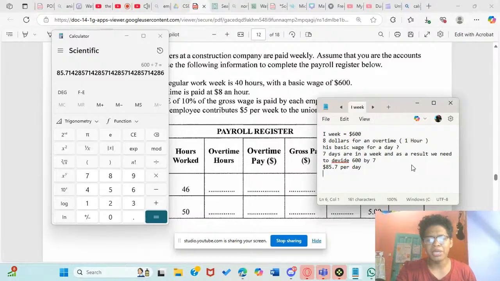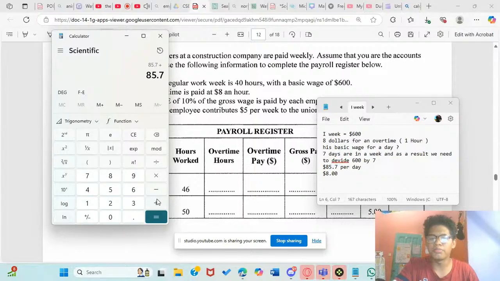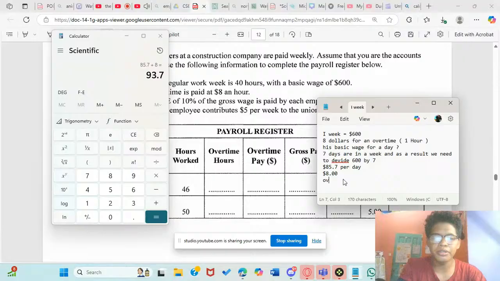So we need to add $85.7 plus the additional $8.00, and the overtime per day is $93.7.